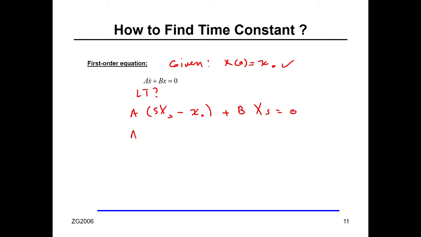This is the long way, then I will show you the short way, I promise, inshallah. So a s X(s) minus a x naught plus b X(s).